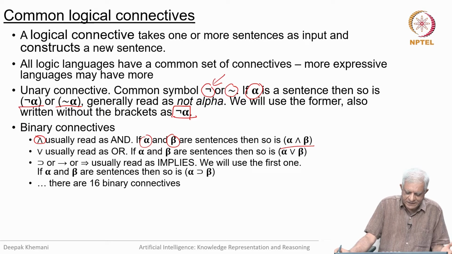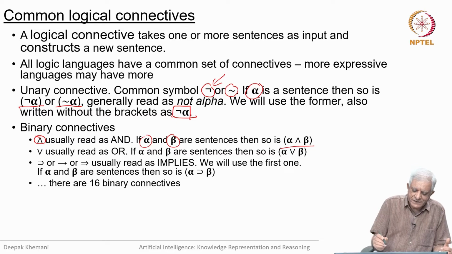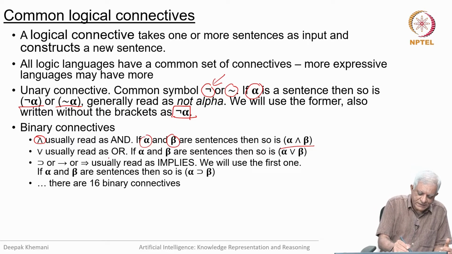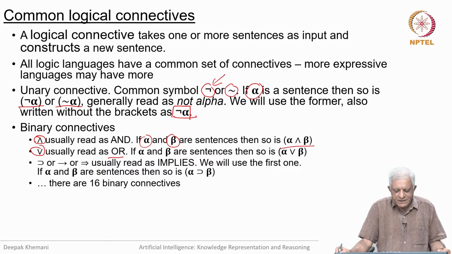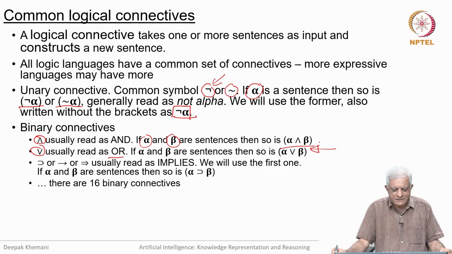So, AND is a connective, and you give me two sentences and we will construct a new sentence by saying alpha and beta. Likewise, OR is another connective. The symbol that we use is like a capital B, and if you give alpha and beta as input, it constructs a new sentence called alpha or beta.